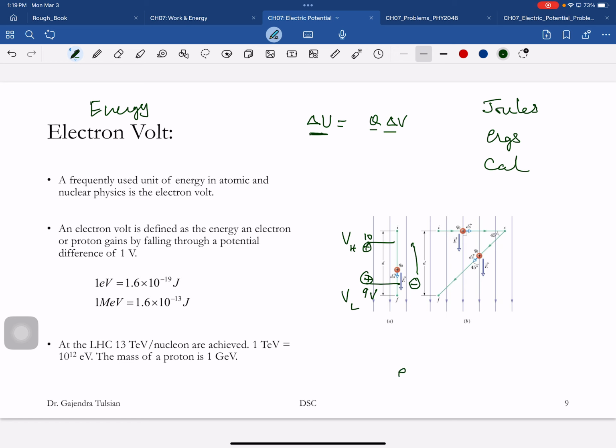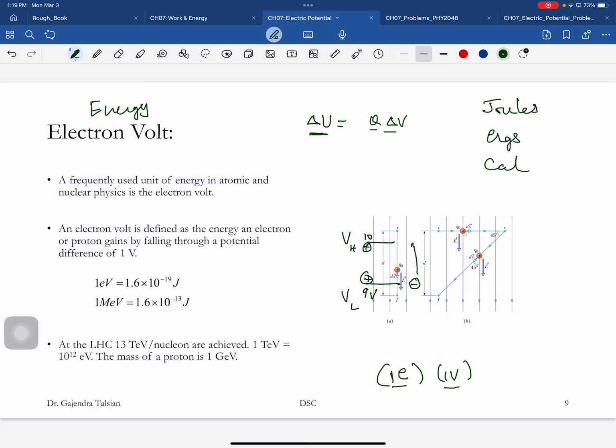So the energy gained by 1 unit of charge times 1 volt is called an electron volt. So when an electron falls through 1 volt, the energy it gains is called an electron volt. When a proton falls through 1 volt, the energy it gains is 1 electron volt.